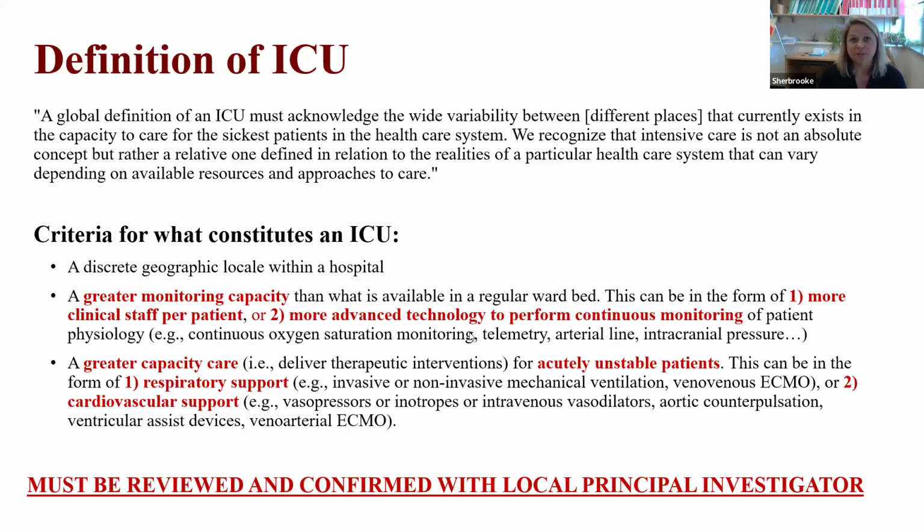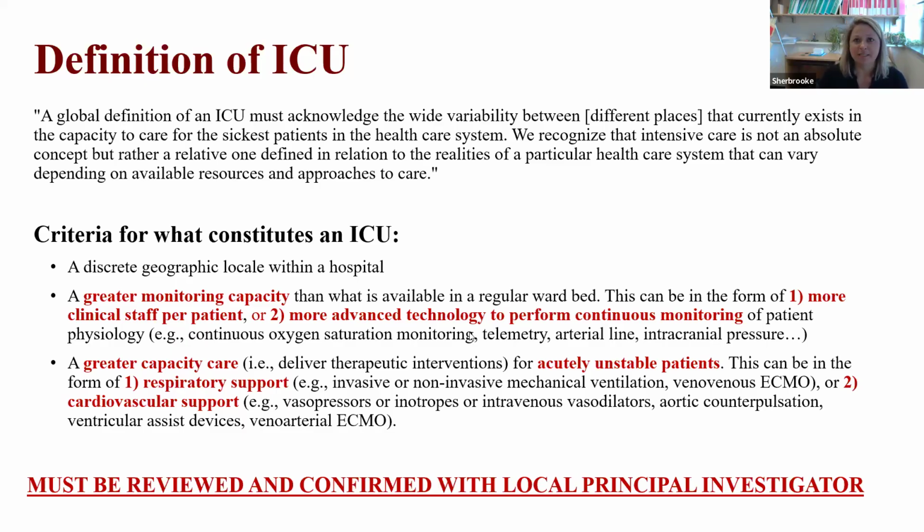And we want the research team to look at this definition, sit with your local principal investigator, discuss this, and decide which unit in your hospital qualifies as an ICU. So if usually you say that you have 3 ICUs in your hospital, please make sure to look at this definition, because you might have more than 3 ICUs according to this definition.